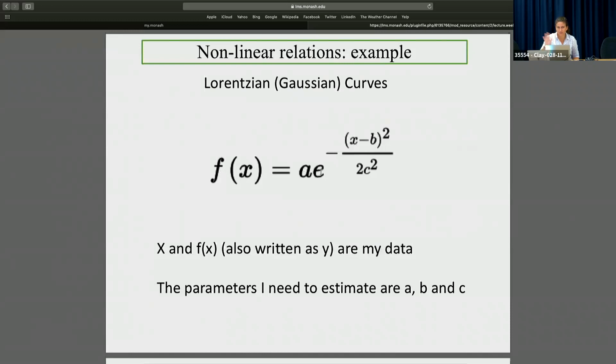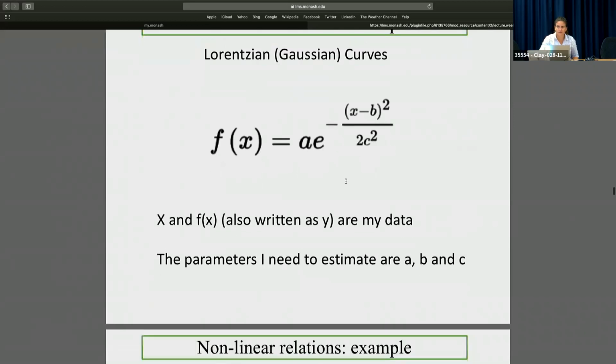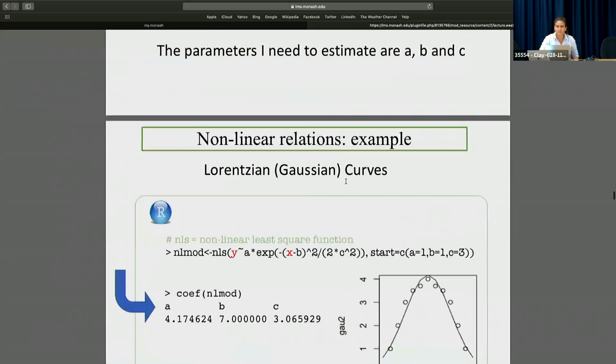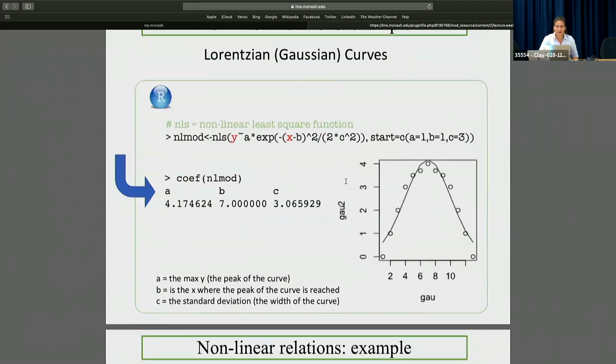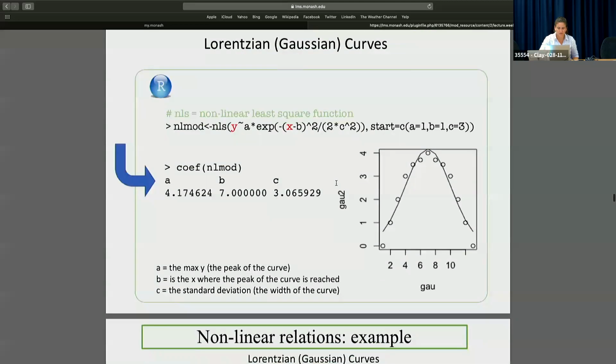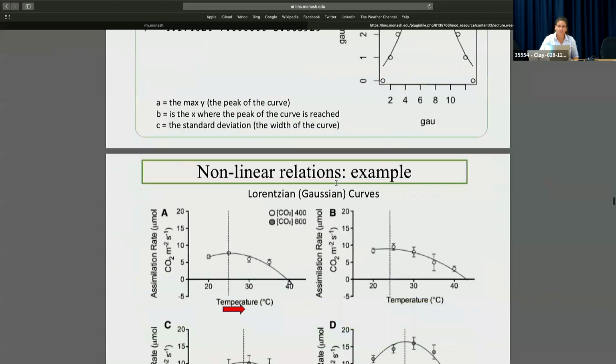We have e, which is the exponent, and a, b, and c are the parameters I need to estimate. Now we'll talk about how this estimation comes about in the next lecture, and I'll give you some further examples.